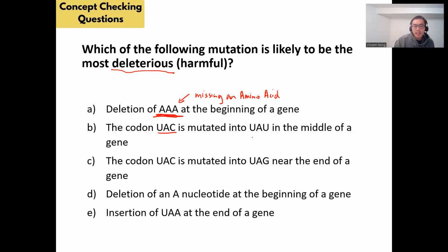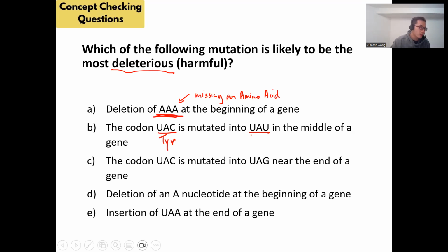UAC is mutated into UAU in the middle of a gene. Can we look up UAC, please? Take a look at your codon table. Okay, thank you. UAC is TYR.